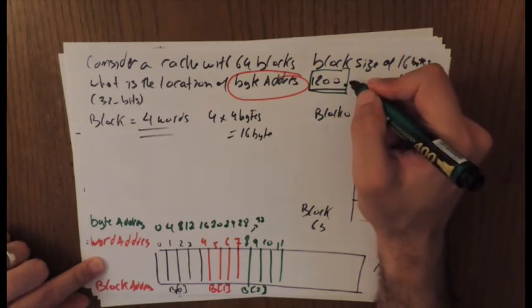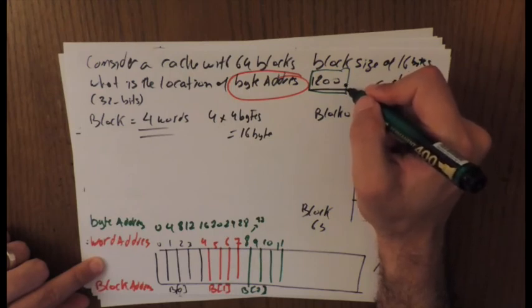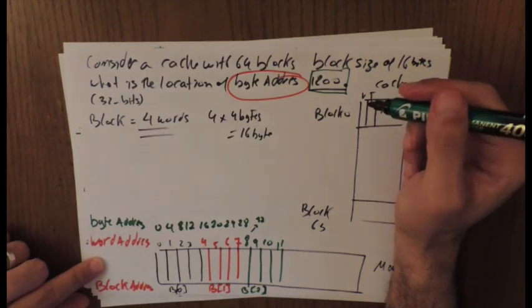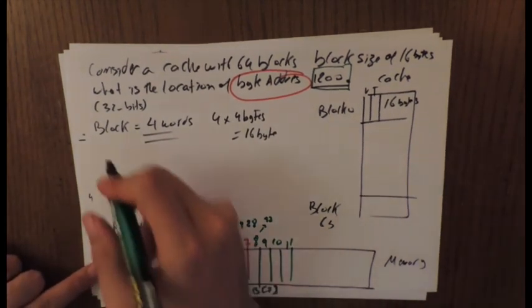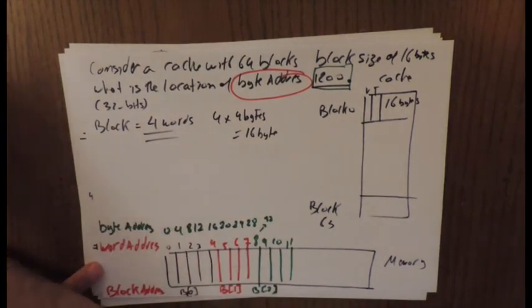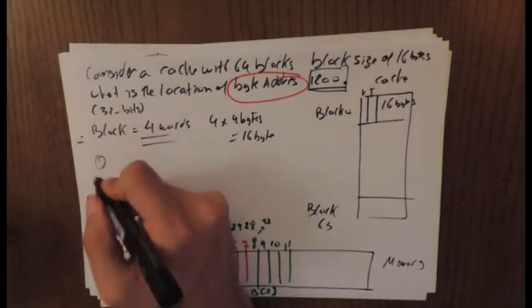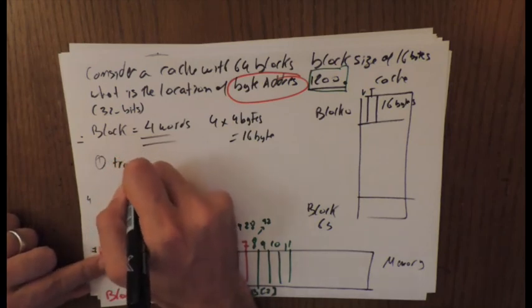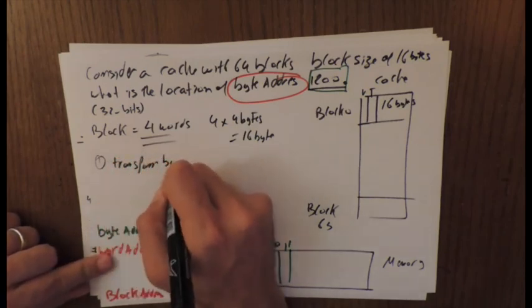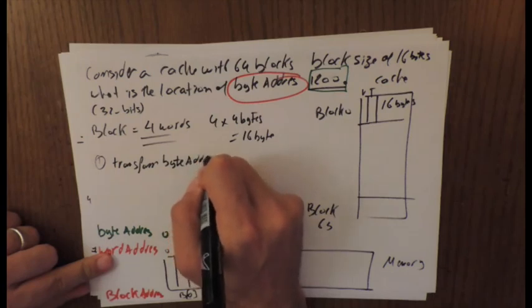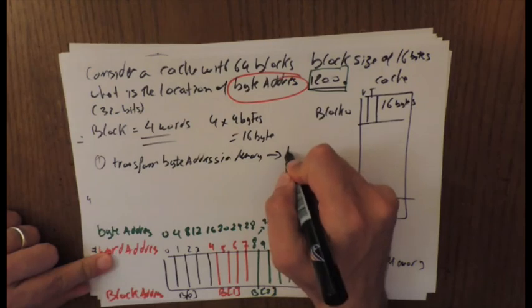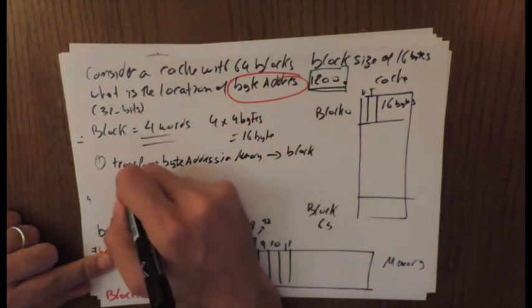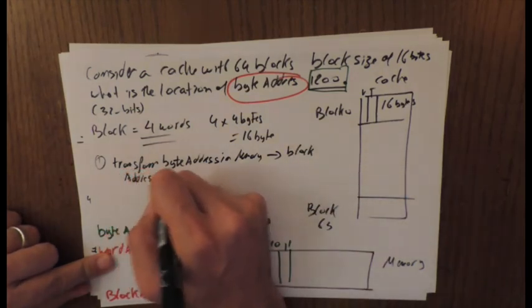What we are given is byte address 1200. We want to know first which block this address goes into. So first I need to transform. Step number 1: transform the byte address in memory to the block address in memory.